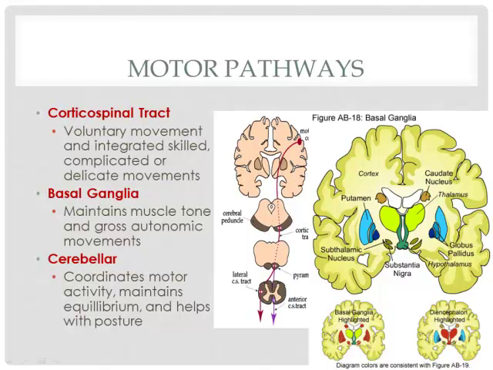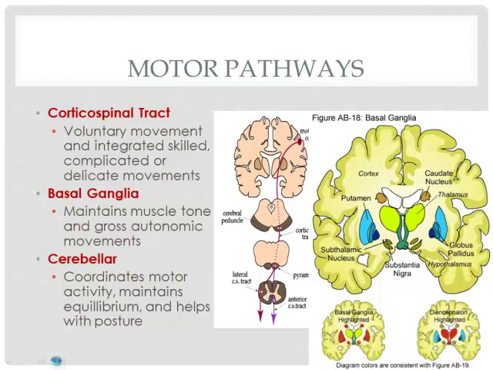You might have too many excitatory components being stimulated, and that imbalance gives you abnormal movements, which can be associated with things like Parkinson's disease. And then the final thing is the cerebellar pathway, which is also important for motor activity.